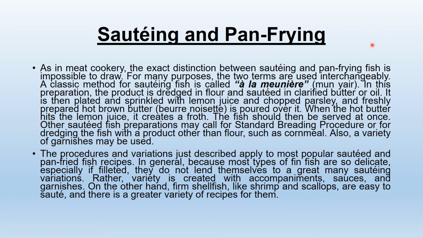So in fish, you cannot do that, but you can do what is known as pan frying, or what is called over here, as you can see, la meunière. So sauteing most of the time applies to shellfish like shrimp, scallops, and other types of shellfish, and for those they have a lot of variation. So this is what saute and pan fry means.